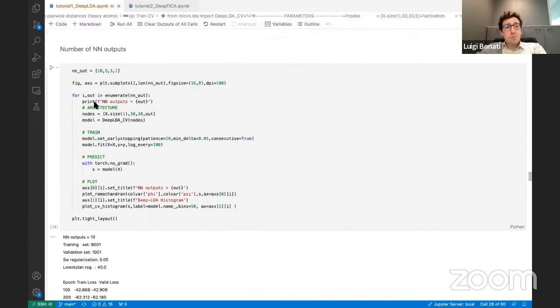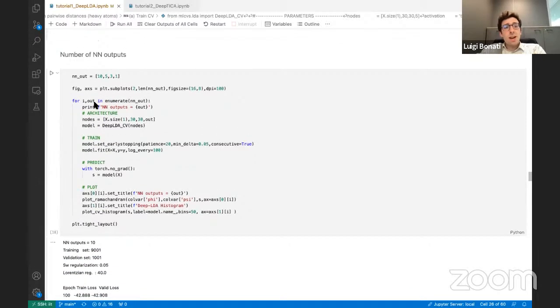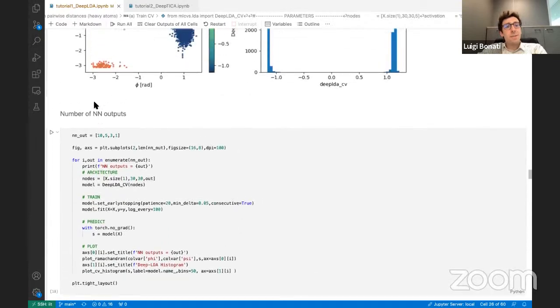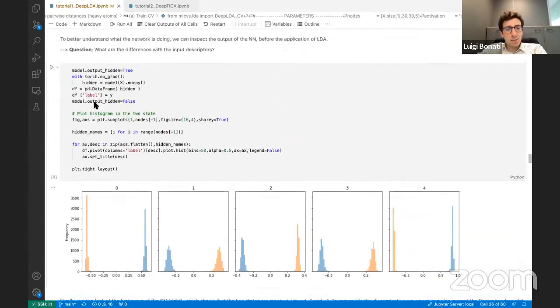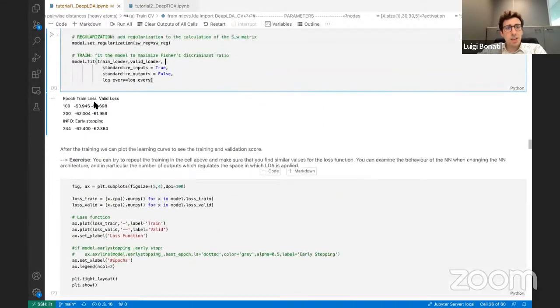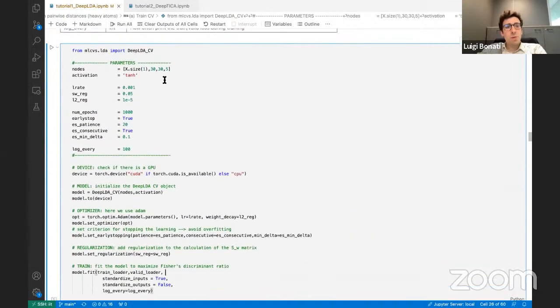One interesting thing: someone was asking why I chose 5 nodes in the last hidden layer, which are the outputs of the network and the inputs of LDA.